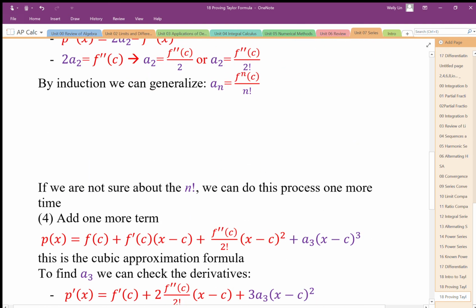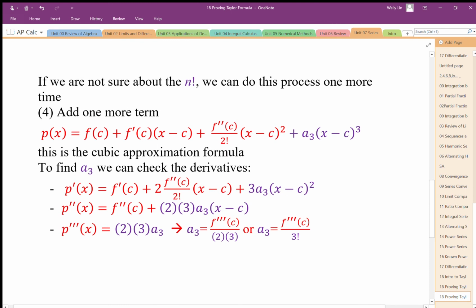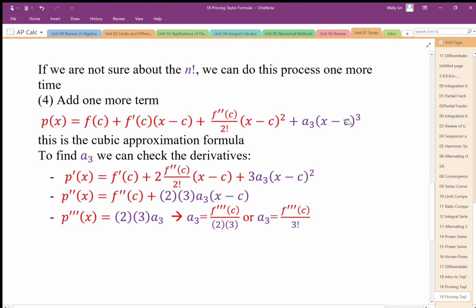So let's see. If I do this process one more time, here's my cubic approximation formula. I'm going to differentiate the first time, and I can check this: I can plug in, p prime of c is equal to f prime of c. Yes, that's still consistent. Now I differentiate again.